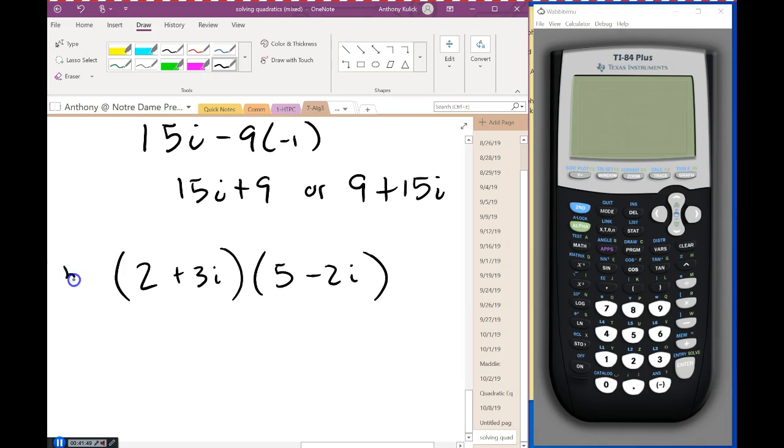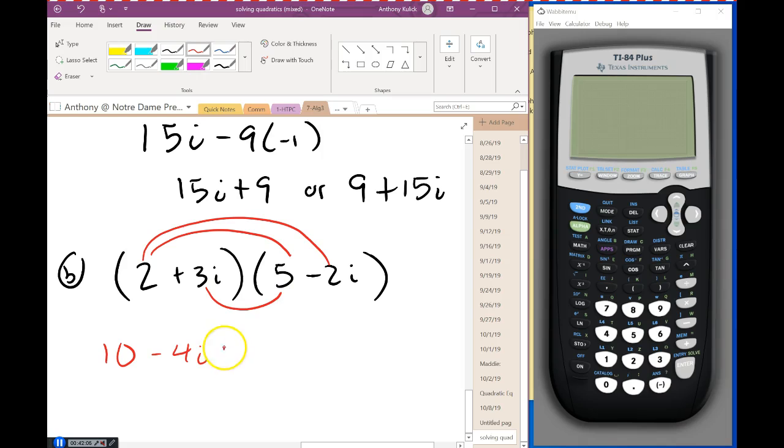What if I have this multiplication example? How would you hope to do this? Now we're going to FOIL. So first gives us 10. Outer minus 4i. Inner plus 15i. And last, negative 6i squared.